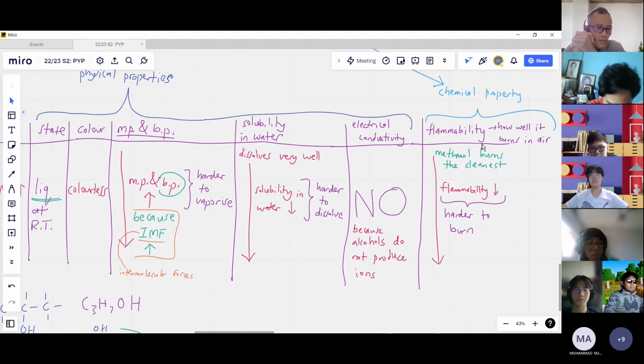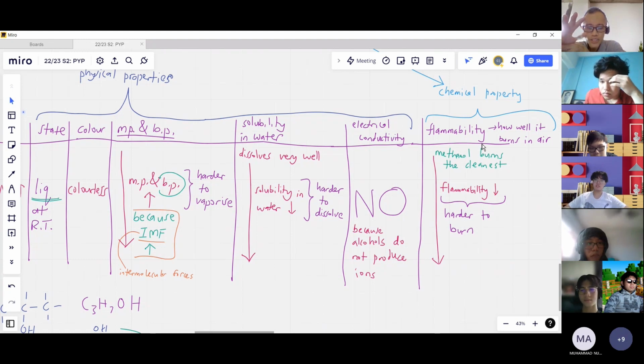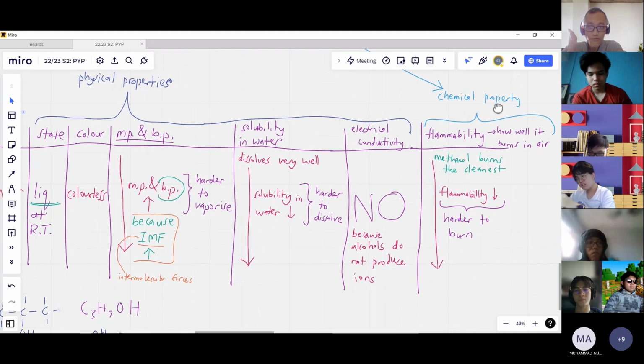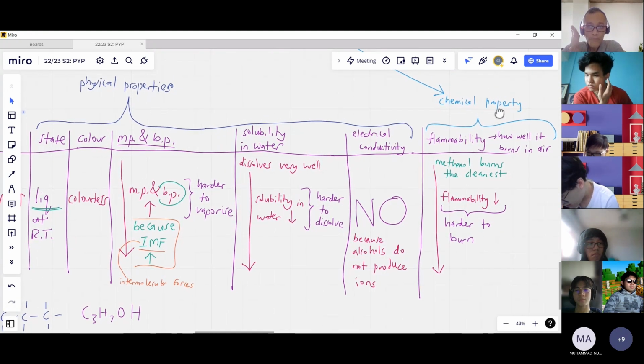Is it a physical property? It's quite controversial. Some people consider it a physical property, but in general, for us, we think of it as a chemical property. Scientifically speaking, it is considered a chemical property because it involves a chemical reaction.